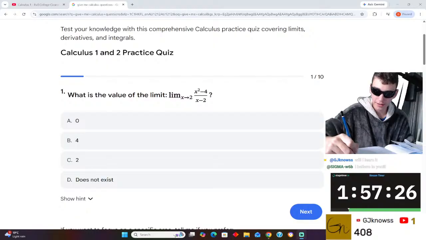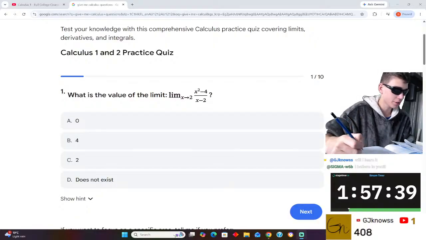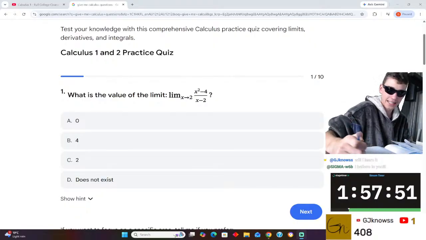Positive, negative, positive, negative, positive, negative, positive, negative. Positive, neutral, negative, neutral, positive, neutral, negative. 5 cubed, which leaves infinite capacity, power 2. So it's not 0, it does not exist.